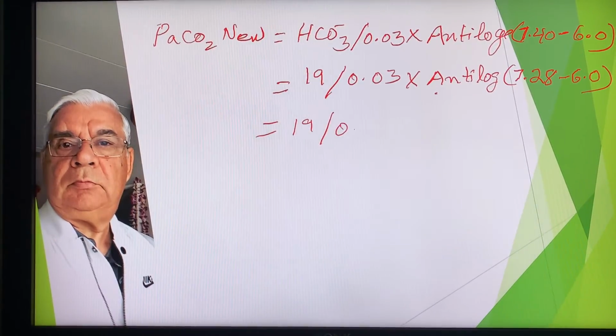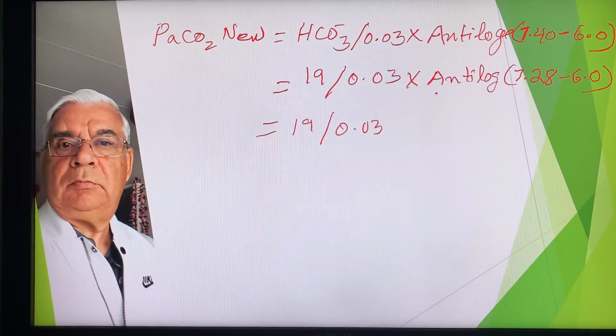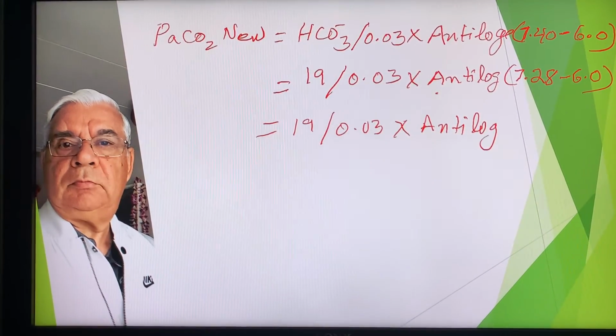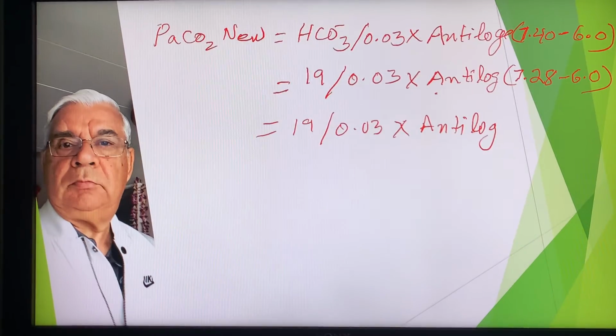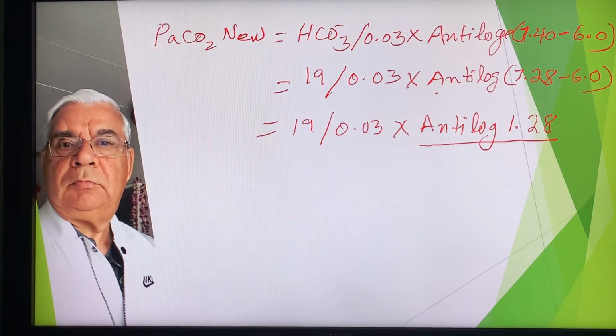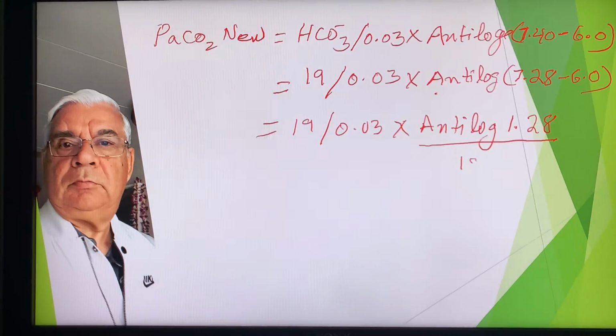Divided by 0.03 multiplied by antilog of 1.28, because when you subtract 6.0 from 7.28, that's what the answer is. So antilog of 1.28, answer is 19.5.